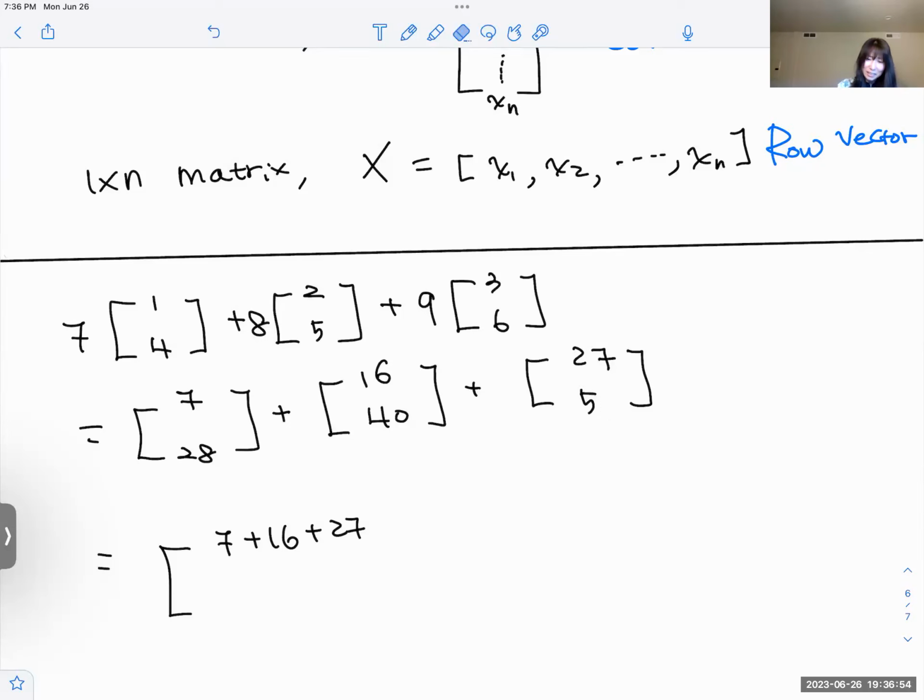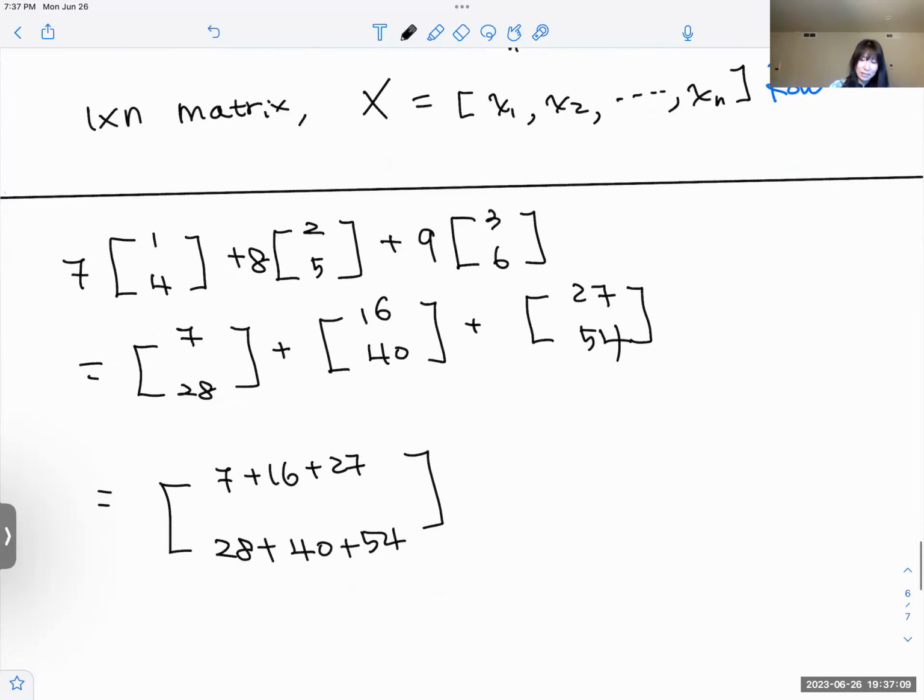And can you please calculate 28 plus 40 plus 54? I got 50 and 121. 121?